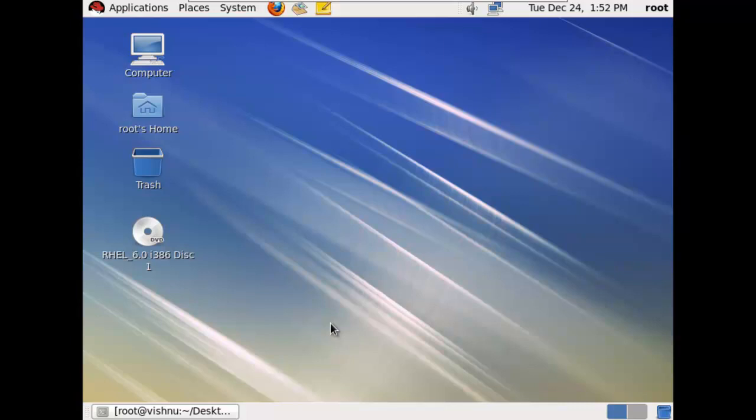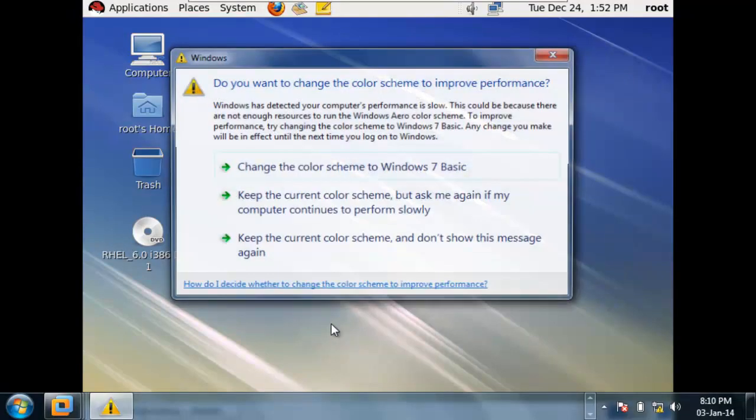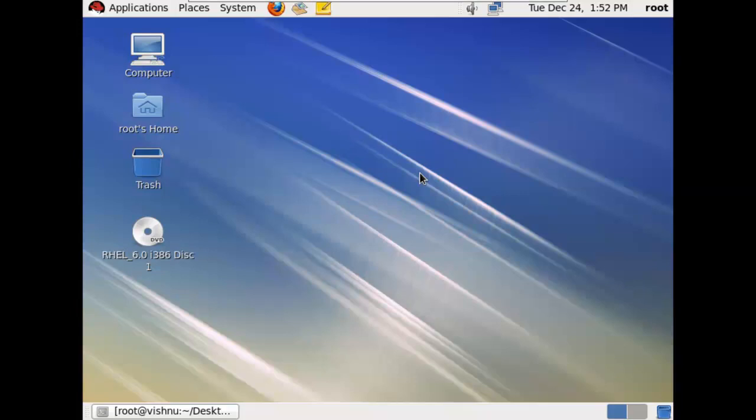For doing this type of lab, you will attach an additional hard disk to your Linux server, and then we will extend the root volume with that additional hard disk that you have attached to the Red Hat Linux operating system.